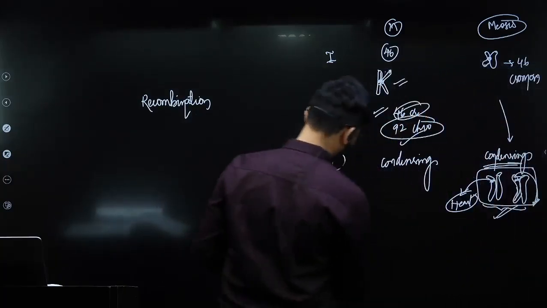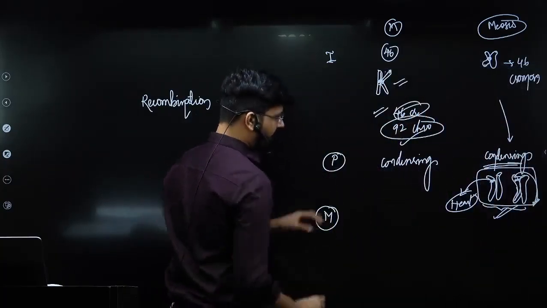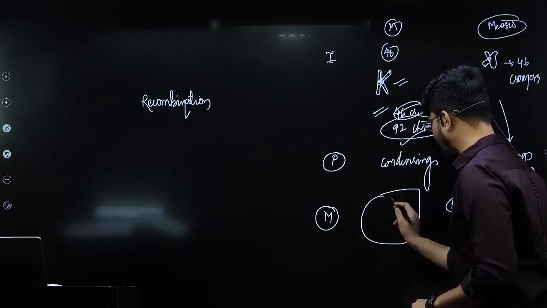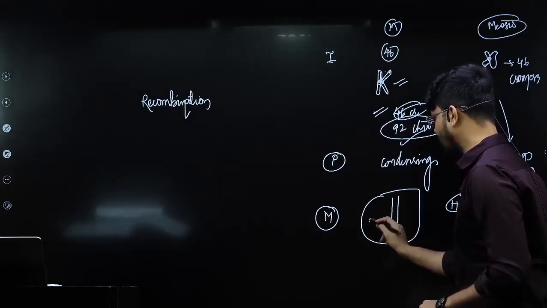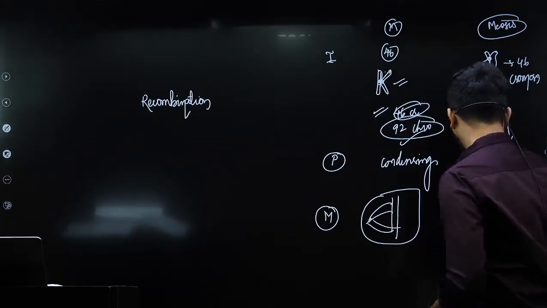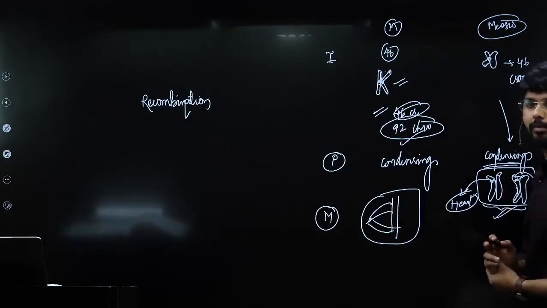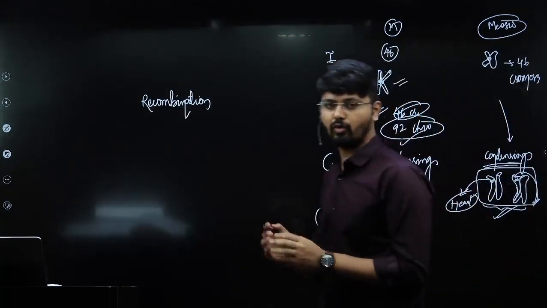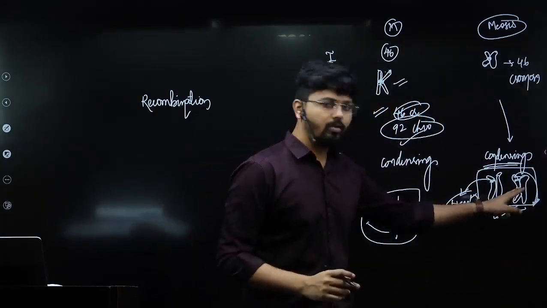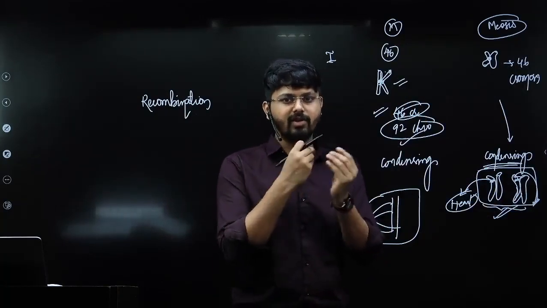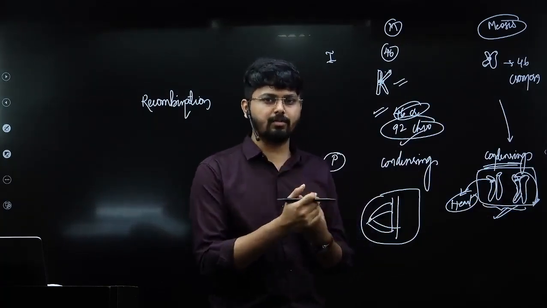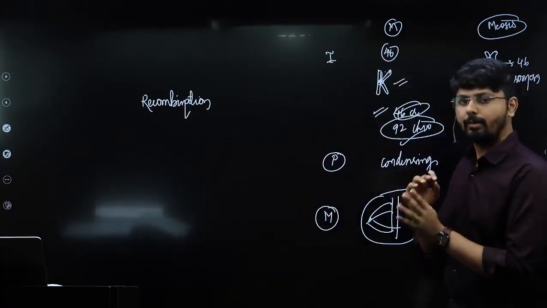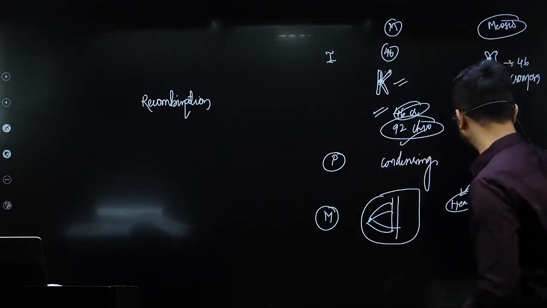Now after that, in the second phase, in metaphase, all these will come to the middle of the cell. They'll arrange like this. Before coming to the middle, there is a process known as recombination, which I have told you. Now these two will combine together and exchange the information randomly. One gene will go from mother to father, from father to mother, but the location of the genes doesn't change.